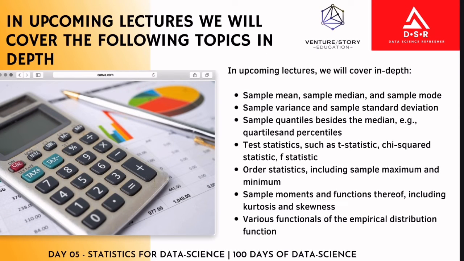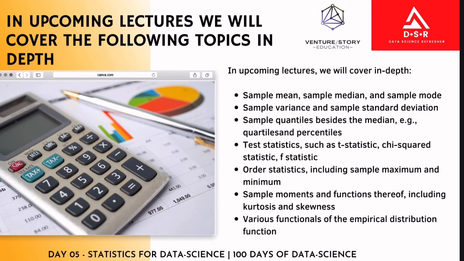In the upcoming lectures, we will cover the following topics in depth. Sample mean, sample median, and sample mode. We would be covering sample variance and sample standard deviation. We would be covering sample quantiles besides the median, for example quartiles and percentiles.